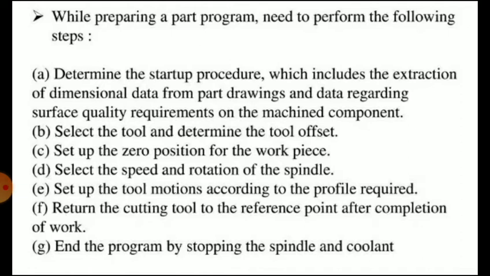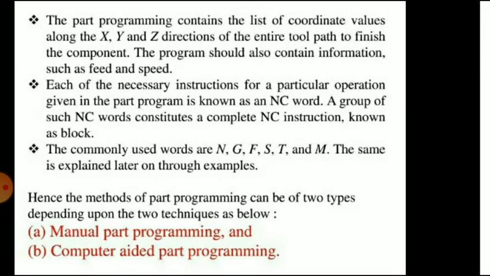D. Select the speed and rotation of the spindle, whether clockwise or anti-clockwise. E. Set up the tool motions according to the profile required. F. Return the cutting tool to the reference point after completion of the work. And G. End the program by stopping the spindle and the coolant.